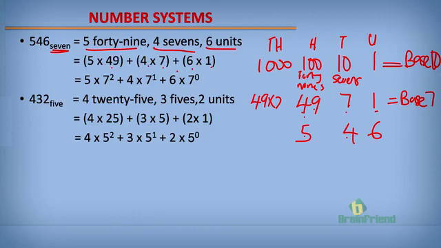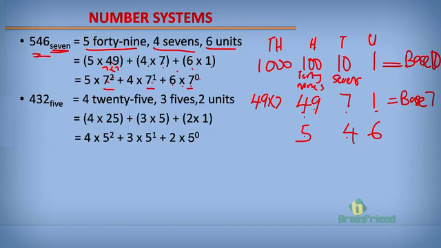And writing this in the indices form, this is 5 times 7 raised to the power 2, because 49 is 7 times 7, plus 4 times 7 raised to the power 1 plus 6 times 7 raised to the power 0. You can see that the number 546 is based on the number 7. So this is actually a number in base 7. It is a way of expanding a number in base 7.